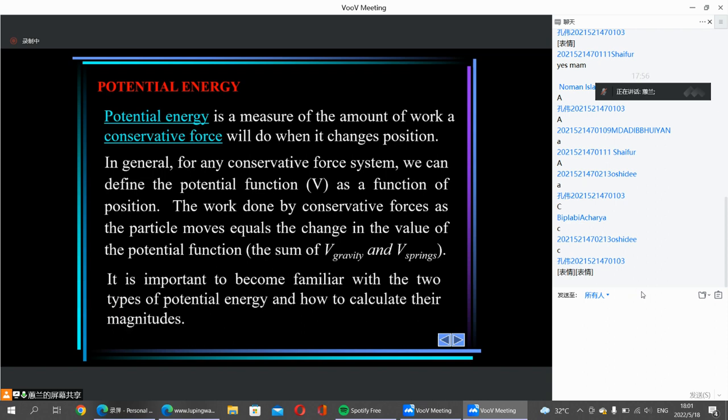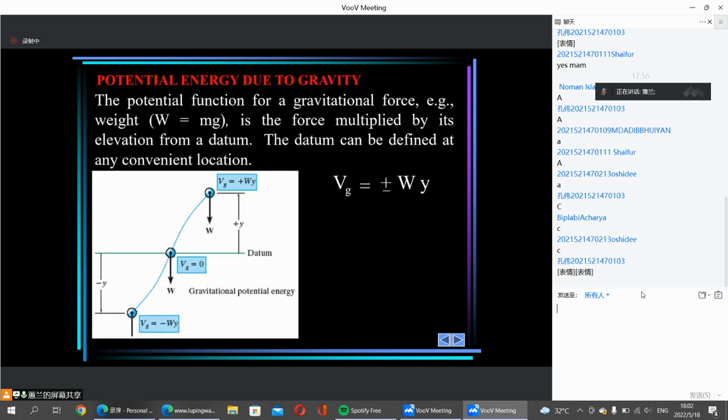The sum of the potential energy of gravity and the potential energy of the spring force. And we need to be quite familiar with the two types of potential energy, by the gravity force and by the spring force, and we need to calculate the magnitude.